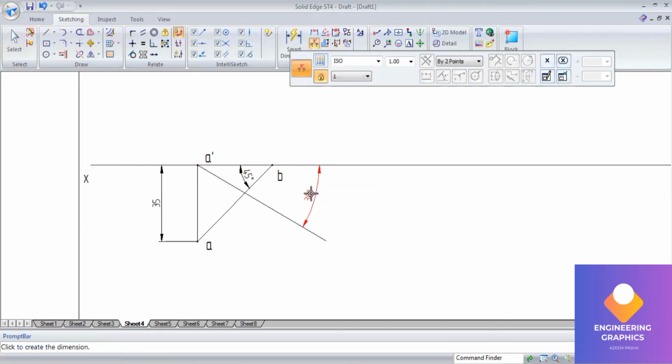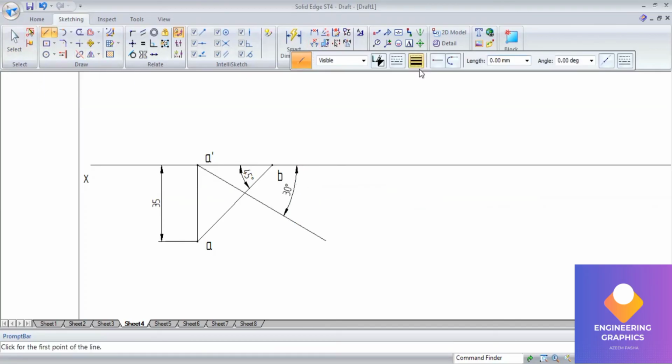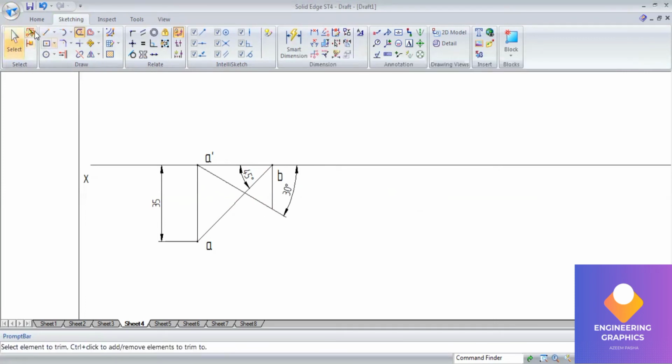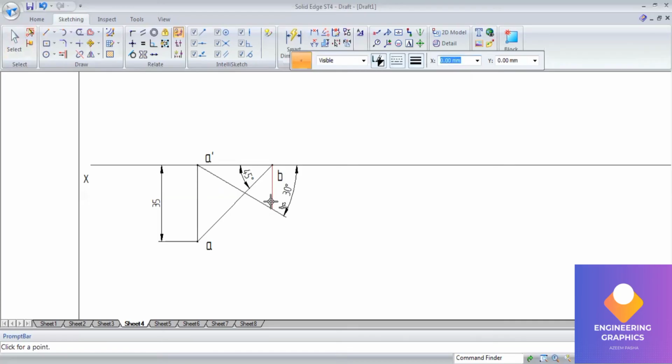So this is 30. Okay, the intersection of this angle line and vertical line gives the front view B dash. So I'll be mentioning a point here B dash, and now we can measure this distance.